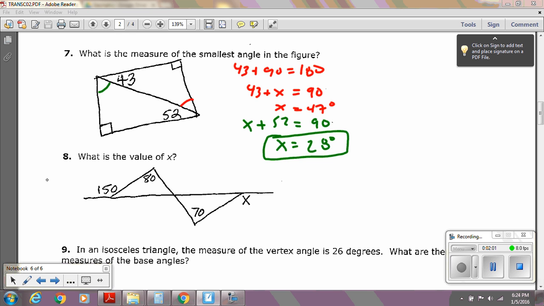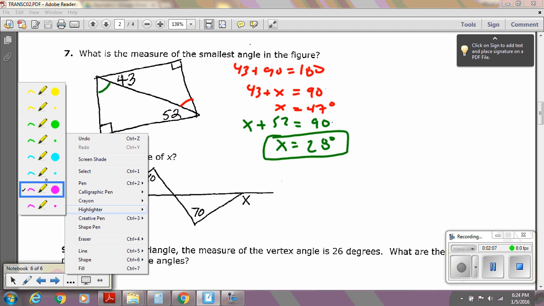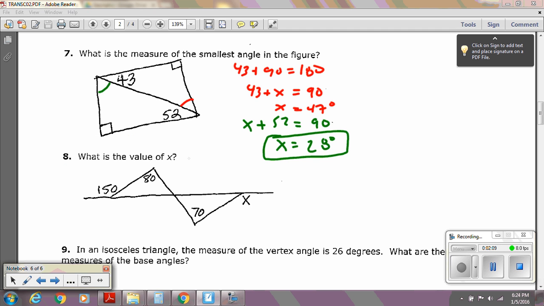On number 8, they want us to find the value of x. If you notice, x is all the way in that last little corner. So to get to x, I'm going to have to start all the way with 150 and work my way towards that.